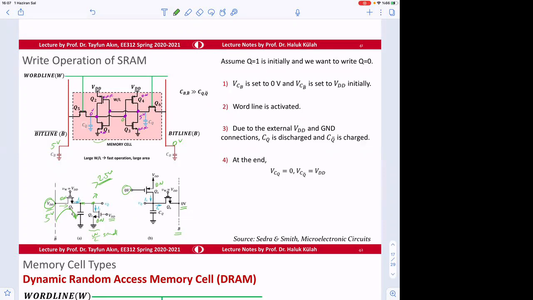So similarly, on this side, there is 0 volt here, and then there's 5 volt here. Both of them are on. So this is also on. And then VDD, and here, this node goes beyond 2.5 volts. Remember, we were saying that this is like 2 inverters back to back.